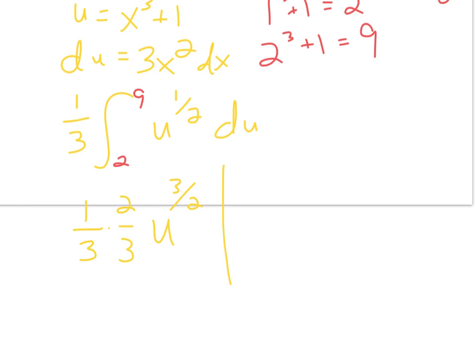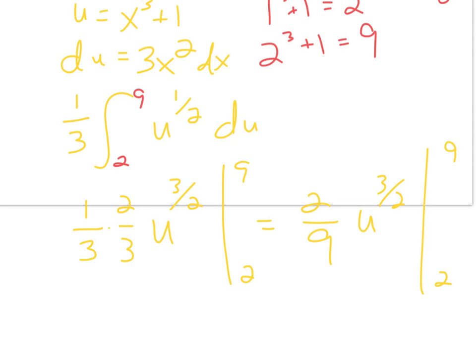And then our 2 and our 9 are our lower and upper limits of integration. So if we simplify that a little bit, that's going to cause this fraction up front to become a 2/9, and then u to the 3/2, the 9, and a 2.